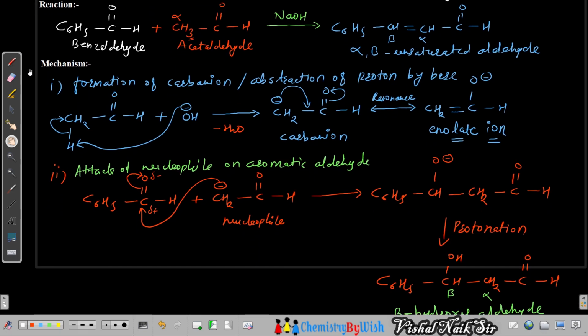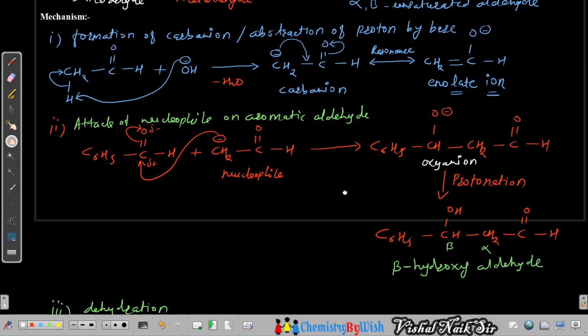In the first step of the mechanism, we get a carbanion as a product which is resonance stabilized into an enolate ion. Then that carbanion acts as a nucleophile which attacks the partially positively charged carbonyl carbon of the aromatic aldehyde, and we get an oxyanion as a product. This oxyanion abstracts a proton from the base.